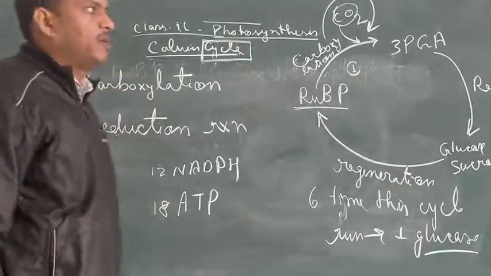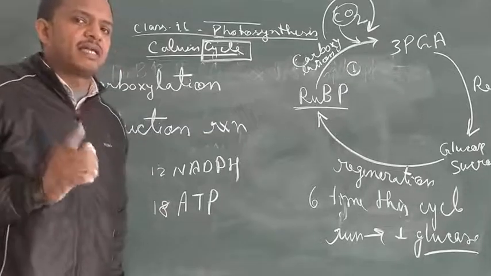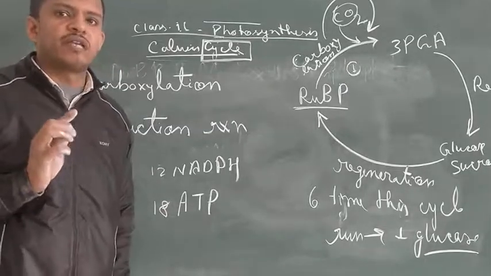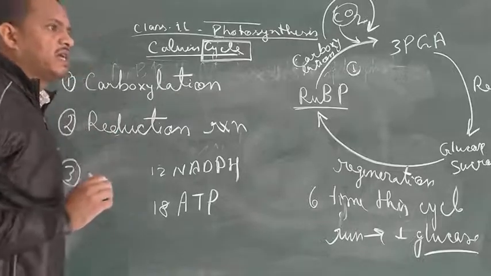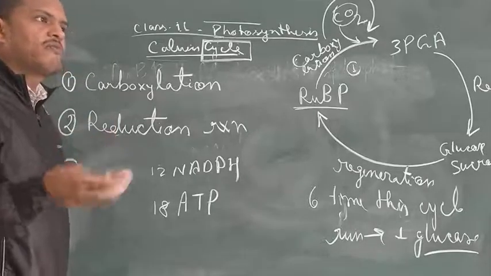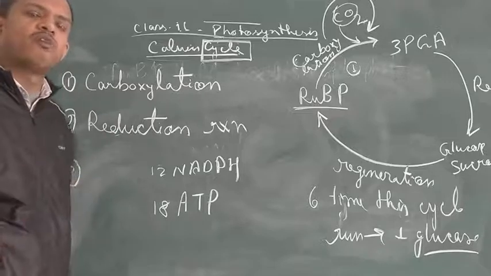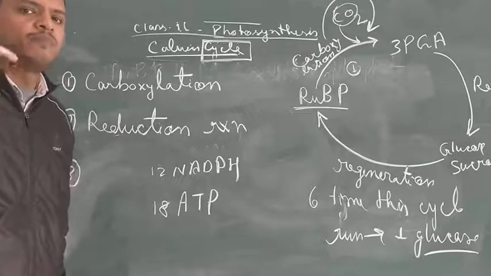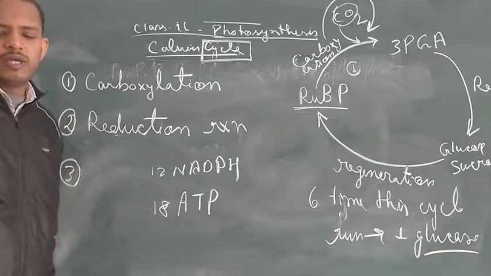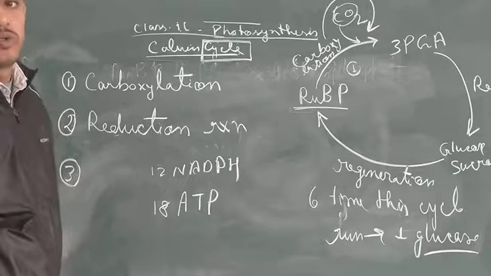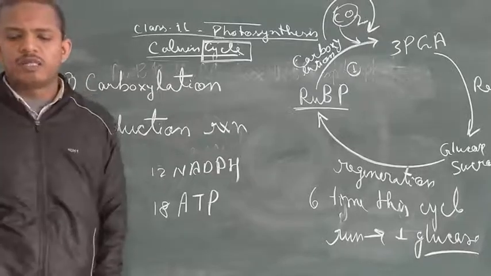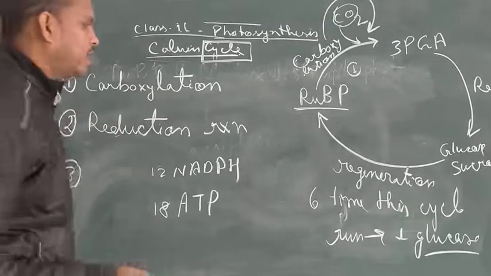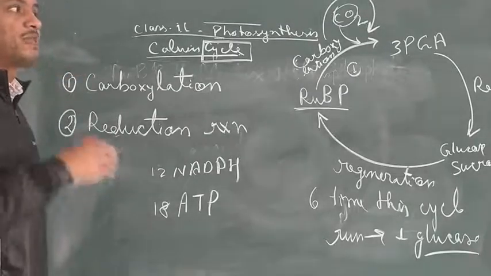So during these 6 times, if you remember the cyclic and non-cyclic photophosphorylation that we have discussed, in the non-cyclic form 2 and in the cyclic form 1. That is total how many? 3 ATP is used. So 3 ATP is going to be multiplied by 6 times.